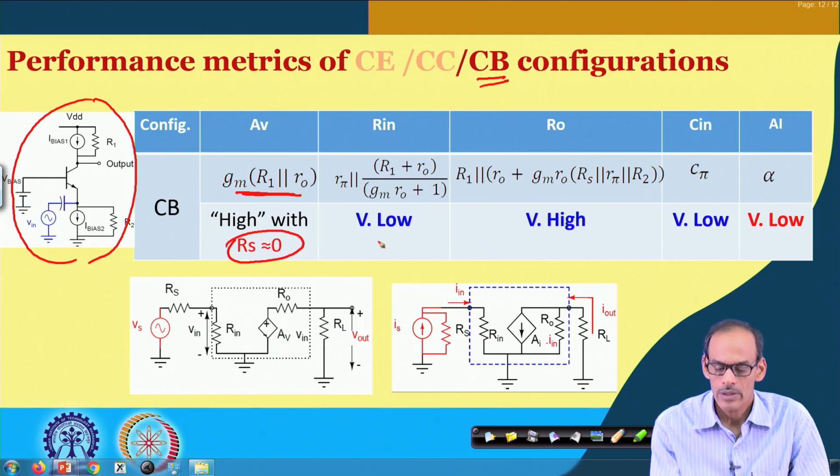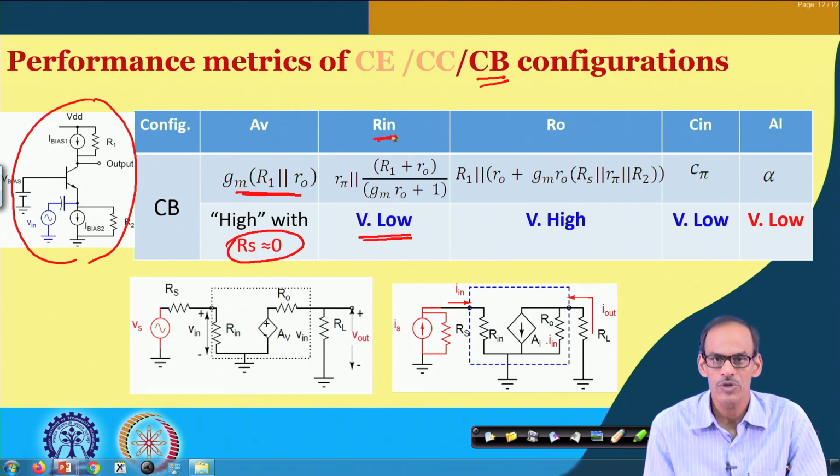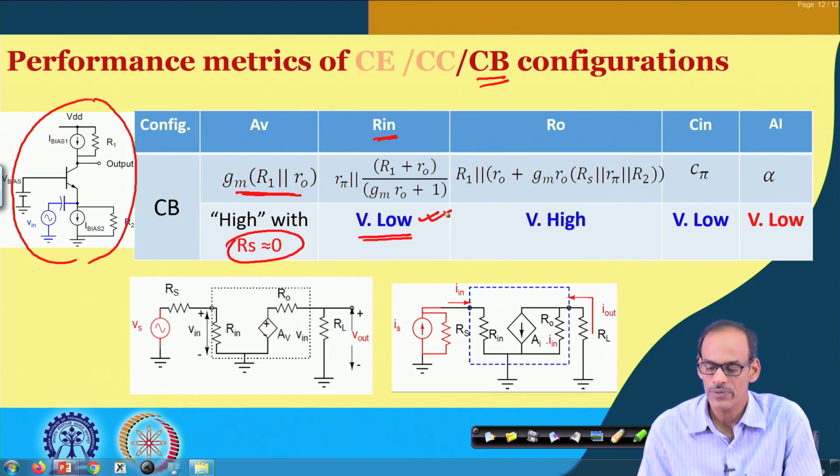Its main property is that the input resistance is low. As a result, its input port is not really good for voltage feeding, but this property helps make the port suitable for current signal feeding.